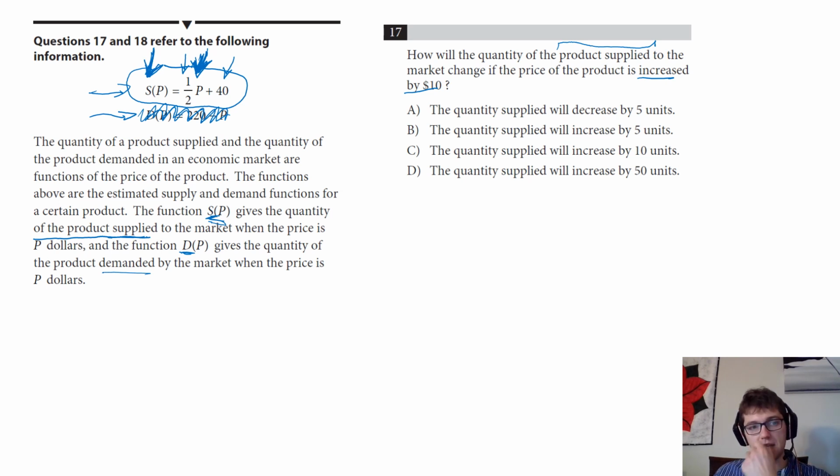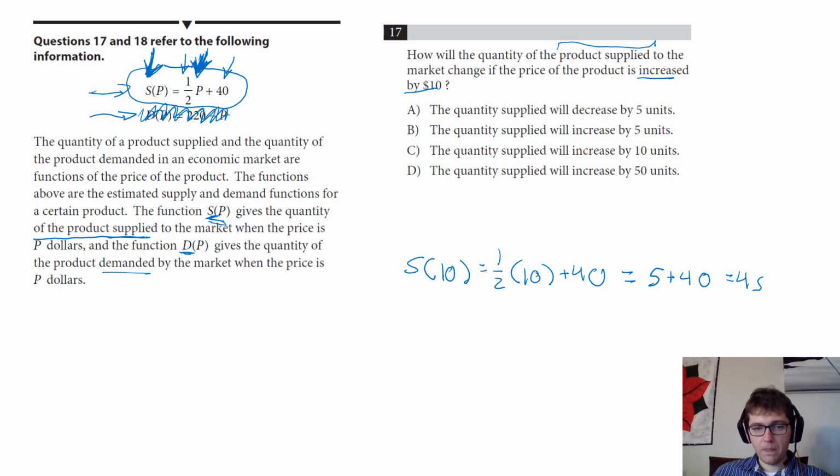So let's actually write that out another way. Let's say that your price was $10 to start with. So S of 10 is equal to 1/2 of 10 plus 40. That means that the product supplied at $10 will be 1/2 of 10, which is 5, plus 40. It will be 45.